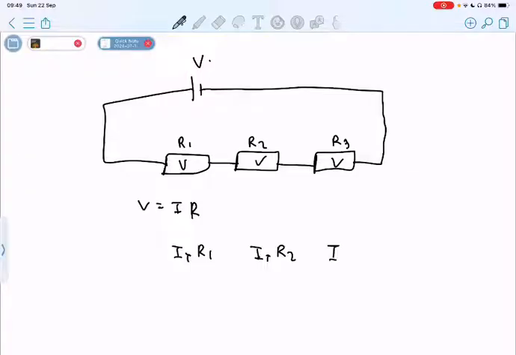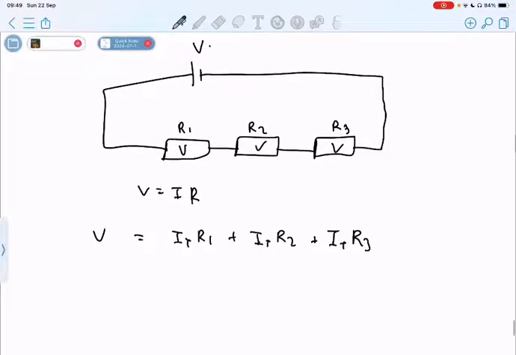And for R3, it's going to be I total R3, okay? And what is this equal to? Energy conservation in a closed loop: the sum of potential differences is equal to the potential difference of the battery. So V is the potential difference of the battery, and it's the sum of all the rest. So we get this equation, okay?